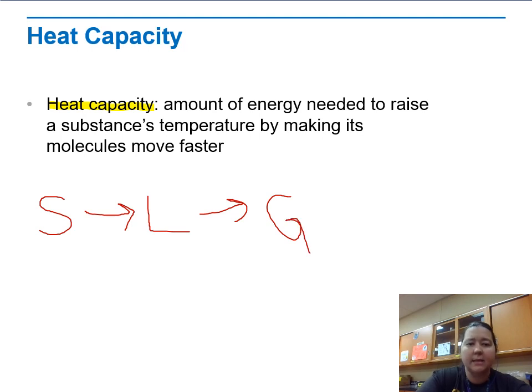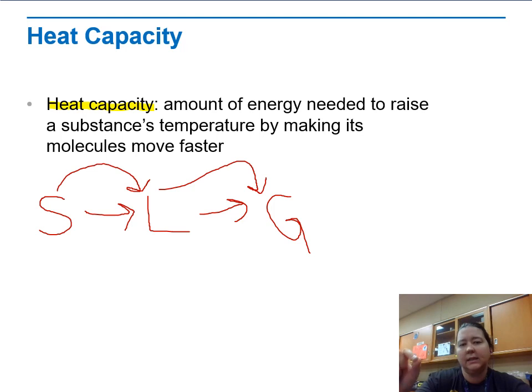And heat capacity is the ability or the energy it takes to make a solid become a liquid and a liquid become a gas. Water has a really high heat capacity. So what that means is it can absorb a lot of energy, okay, before making that transition.